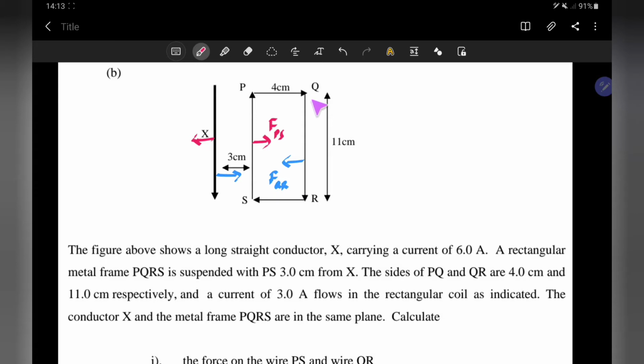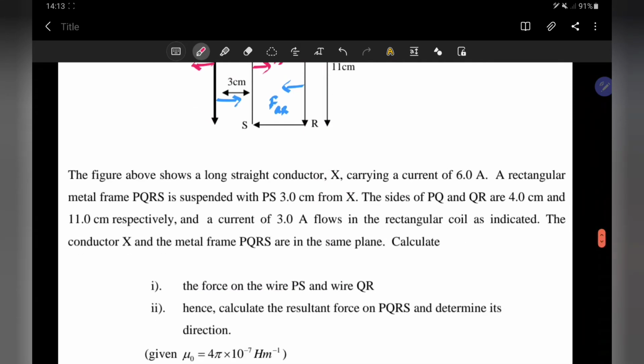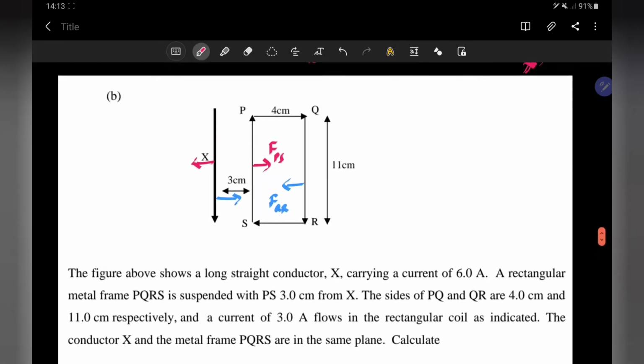Then the current through this rectangular conductor now is 3 amperes. So the conductor X and the metal frame PQRS are in the same plane. Calculate the force on the wire PS and wire QR. Hence, calculate the resultant force on PQRS and determine its direction.